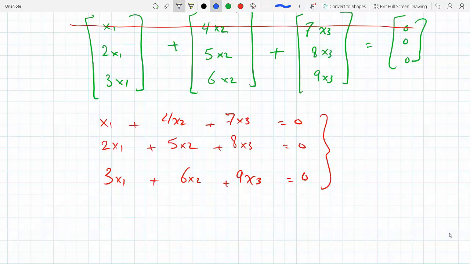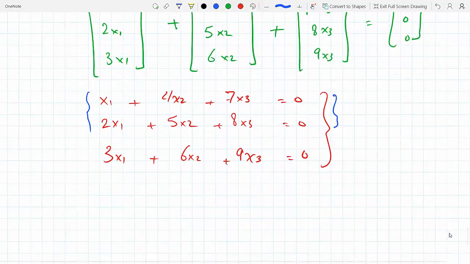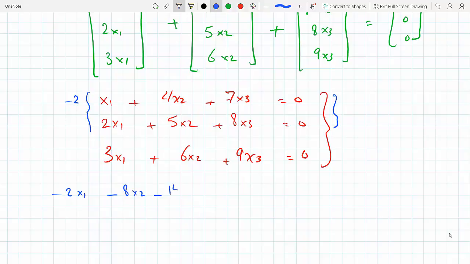I could take the first two equations, multiply the first one by minus 2 to eliminate x1. If I do that I get minus 2x1 minus 8x2 minus 14x3 equals 0.